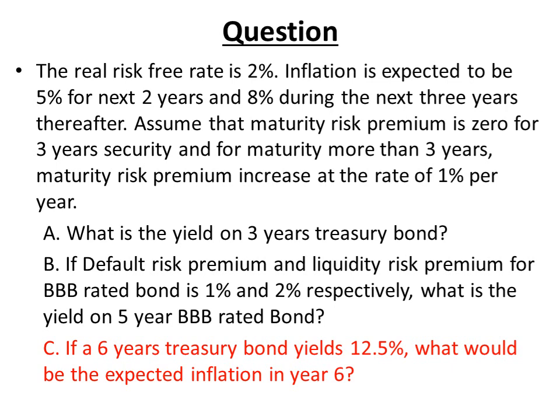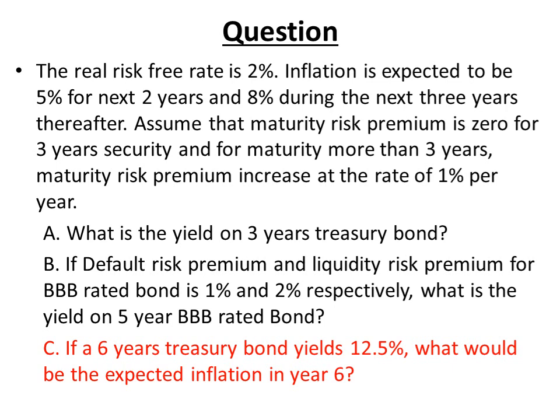The real risk-free rate is 2%. Real risk-free rate K star equals 2%. Inflation is expected. Please, while reading these questions, you have to find out the given information. The real risk-free rate is 2%, K star. Inflation is expected to be 5% for the next 2 years.